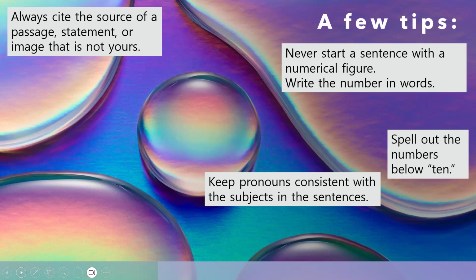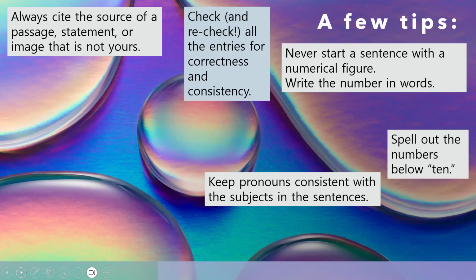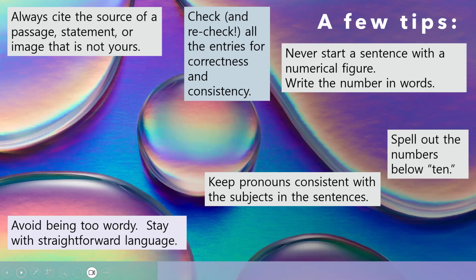Always cite the source of a passage, statement, or image that is not yours. Check and recheck all the entries for correctness and consistency. Avoid being too wordy. Stay with straightforward language because this is a scientific document that you're writing.